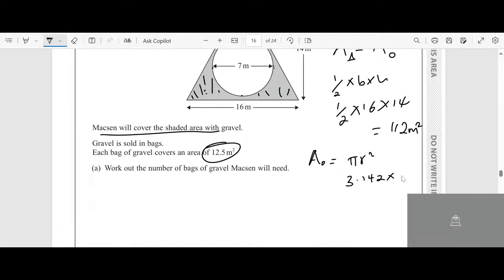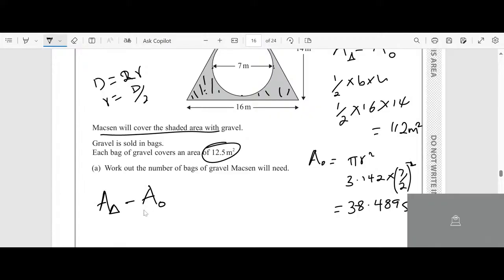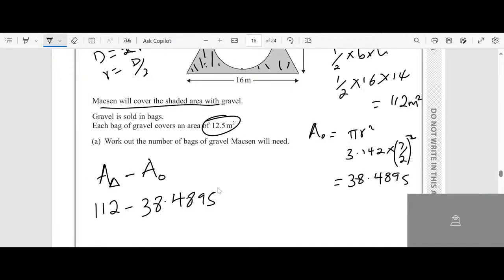Don't use 7, it's supposed to be 3.5 because the diameter is equal to 2 radius, and the radius is equal to the diameter divided by 2. So we have 7 divided by 2, squared. You can use your calculator on that. 3.142 times that gives 38.5 approximately. And we have said to find the area of the shaded region, we're supposed to take the area of the triangle and subtract the area of the circle.